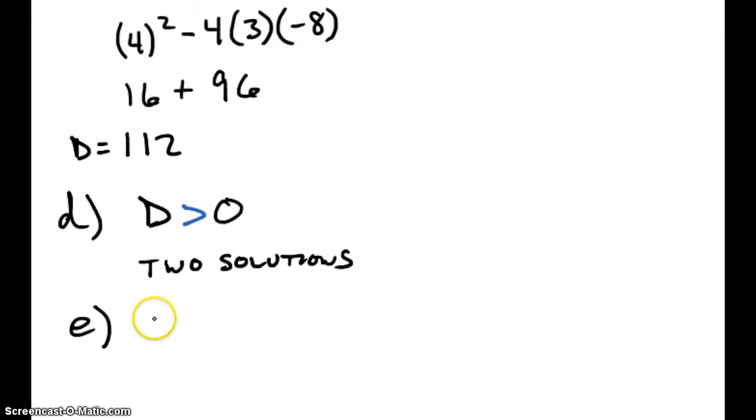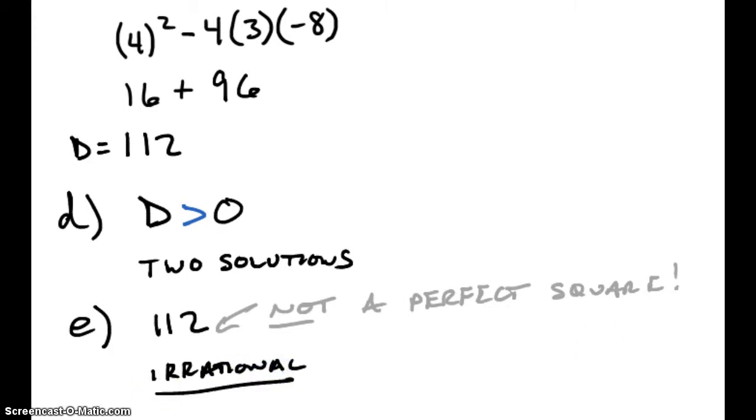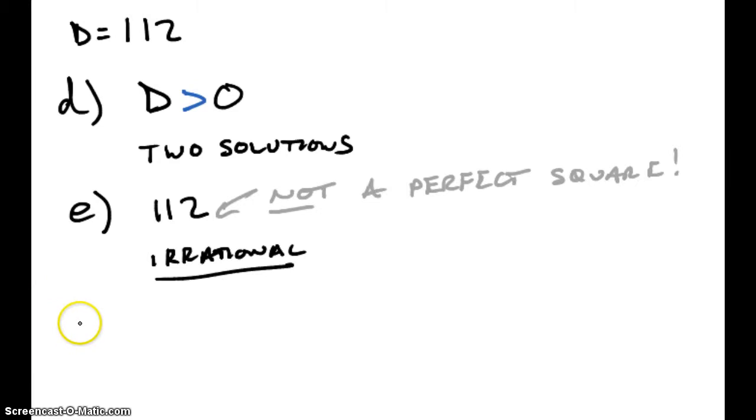And since 112 is not a perfect square, that means that what we have is irrational. So we're not going to be able to have one nice pretty number, a couple nice pretty numbers for this.